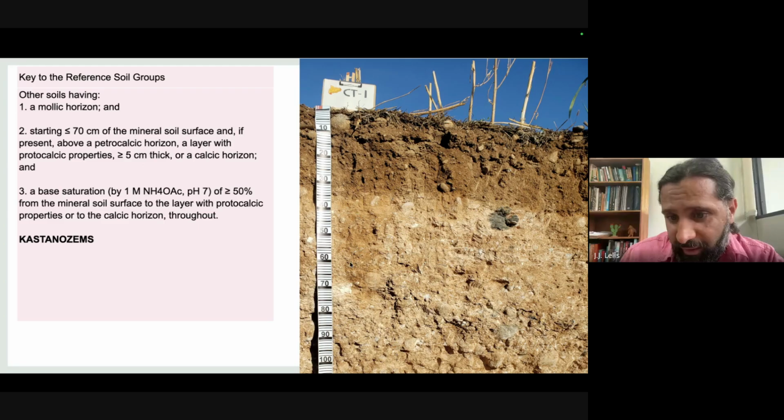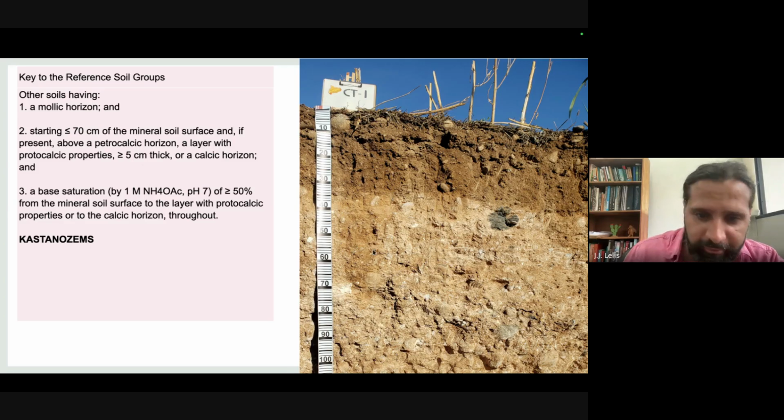In this case, we have a calcic horizon. We can see these white spots, these white dots that show us secondary calcium carbonate precipitation. So below the mollic horizon, we have this calcic horizon, and the base saturation should be equal to or higher than 50% in this protocalcic properties or the calcic horizon.